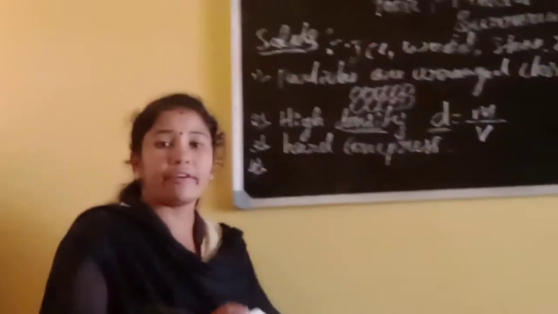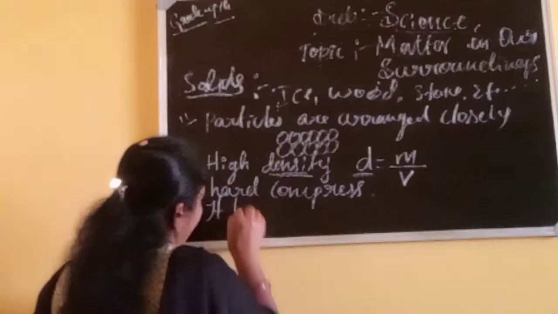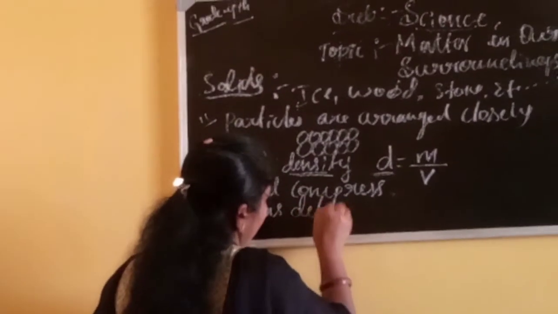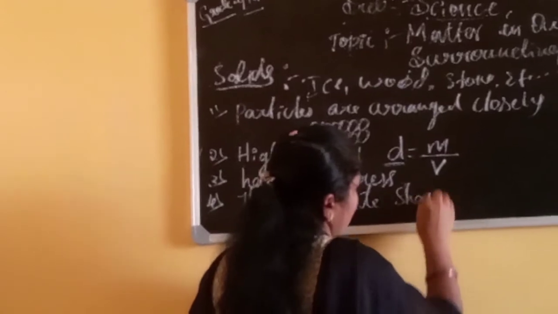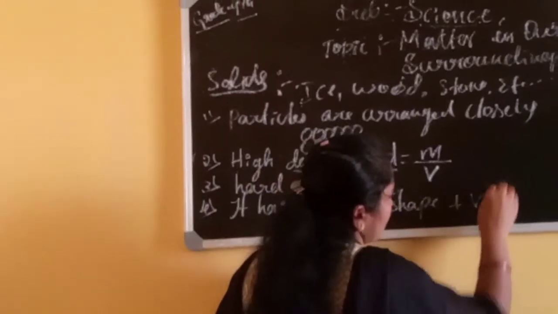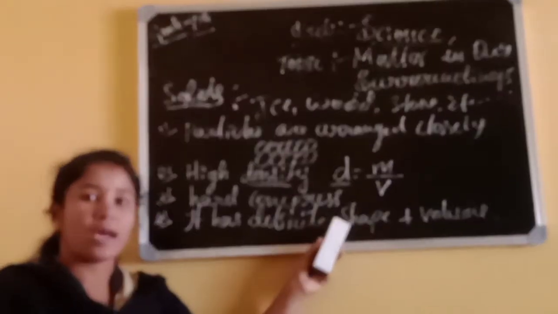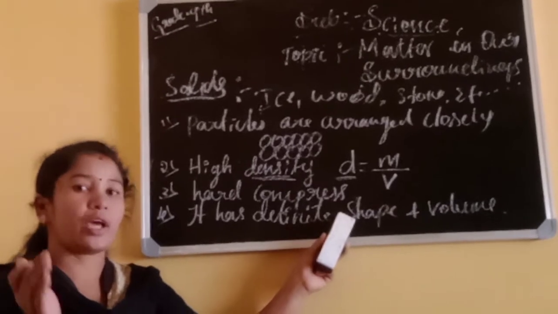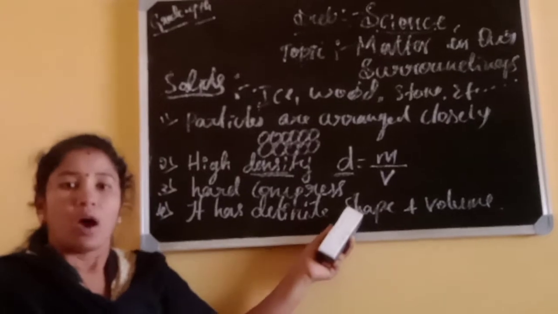And the next one, solids have definite shape and volume. That object may be a rectangle, a square, circular or oval; like that we can mention the shape of that object.